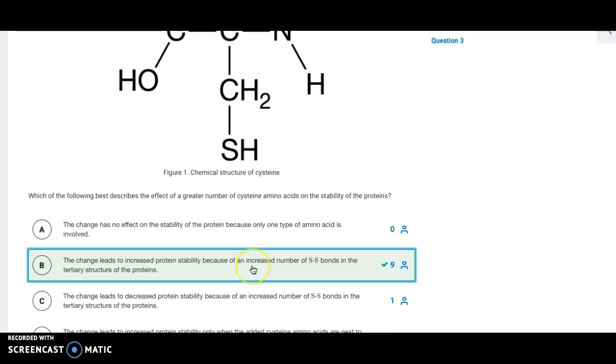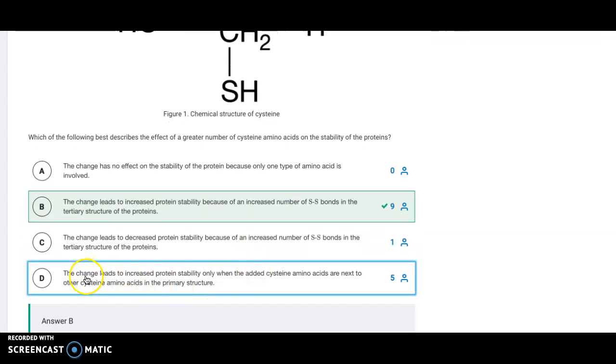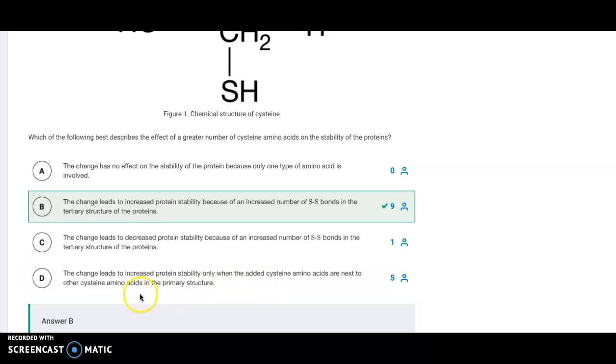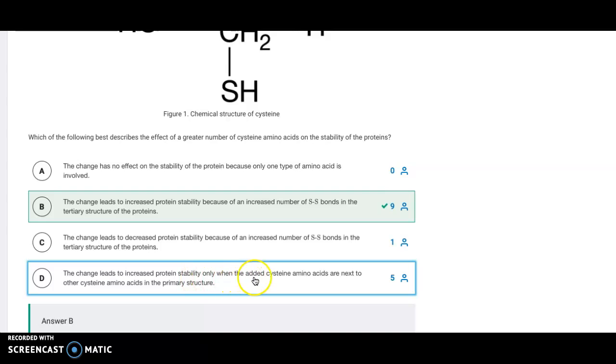So I think it's B, which is the one most of you selected. I like that D was the distractor that most of you who got it wrong selected, because you're still thinking about increased stability.